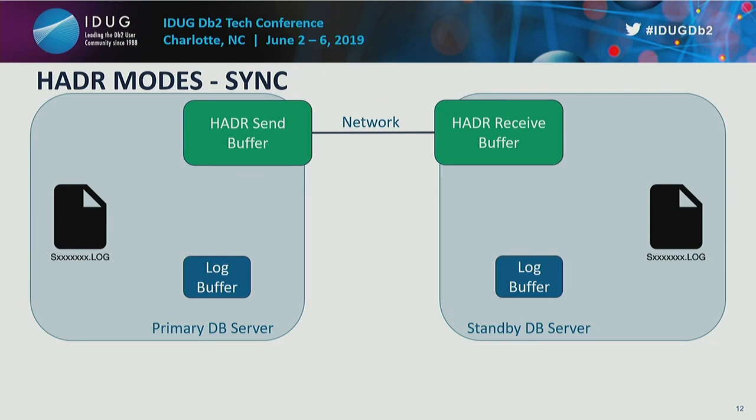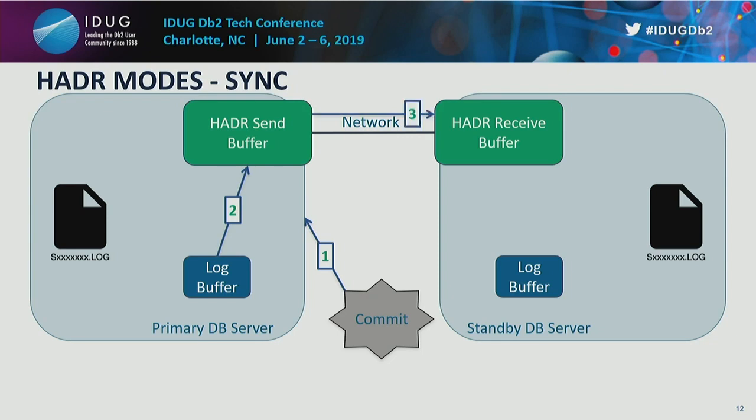Okay, so now if we have 2 servers with HADR, we have a primary database server over here, and we have a standby database server over here, and we have a commit come in. This is the synchronous mode of Db2 HADR. We have a commit come in to the primary database server.